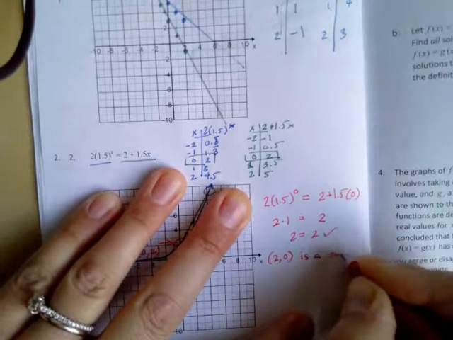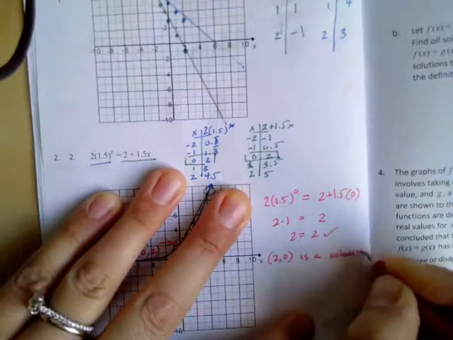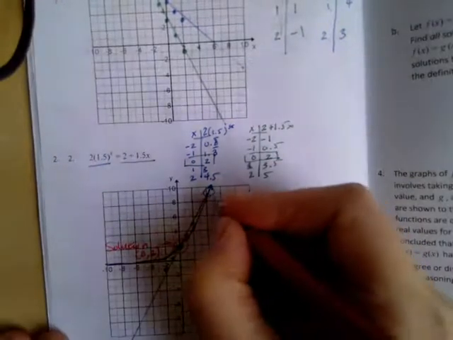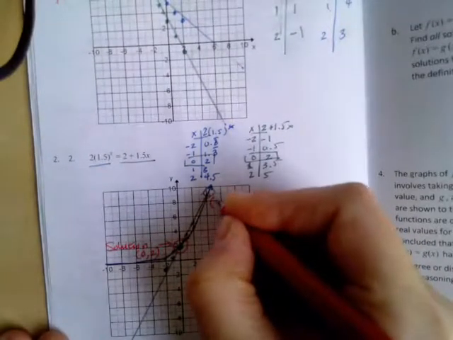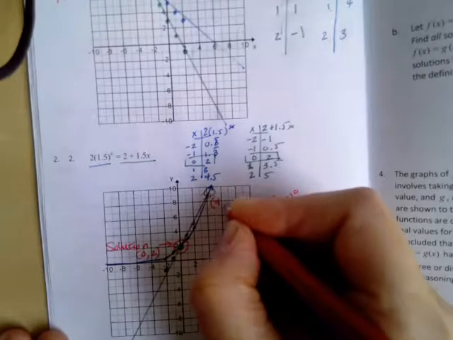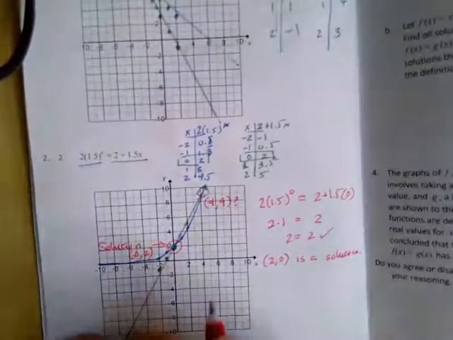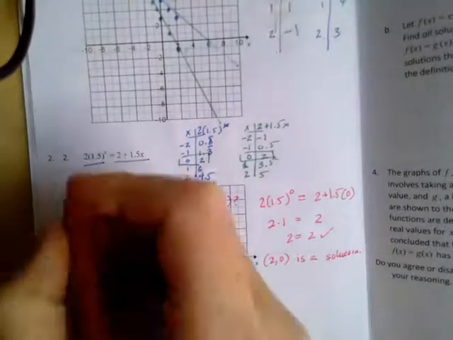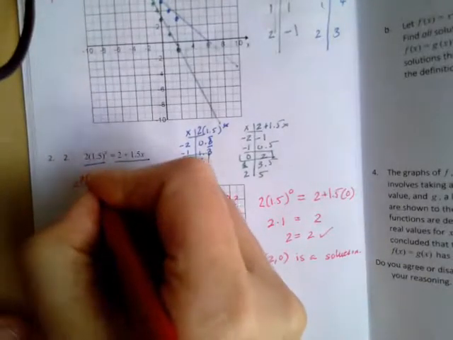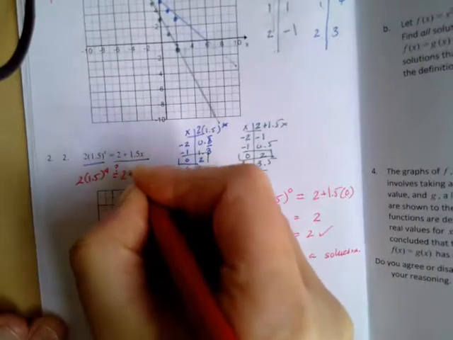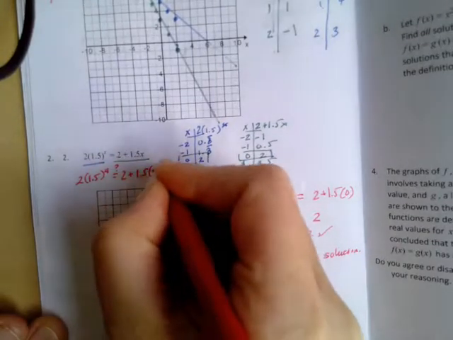Now, what about this solution? This solution appears to be something like 4, 9, maybe? I'm going to put that as a question mark. I can test that solution by substituting 4 into both sides. So 2 times 1.5 to the 4, question mark, does it equal 2 plus 1.5 times 4?